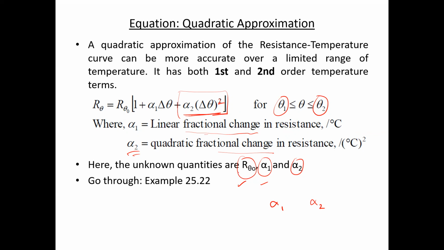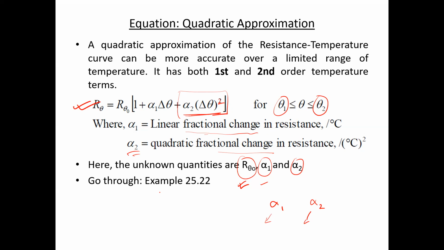So with respect to the known value of r theta 0, two equations can be written, and those two equations with two unknowns alpha 1 and alpha 2 can be solved to find their values. Then once these three values of r theta 0, alpha 1 and alpha 2 are known, the generalized quadratic approximation can also be formulated.